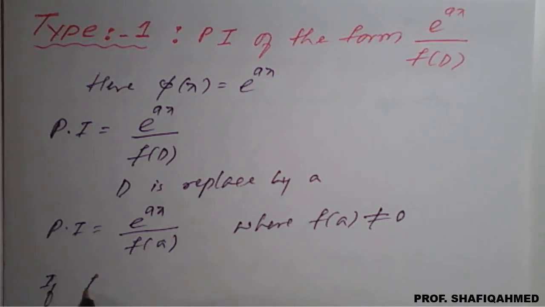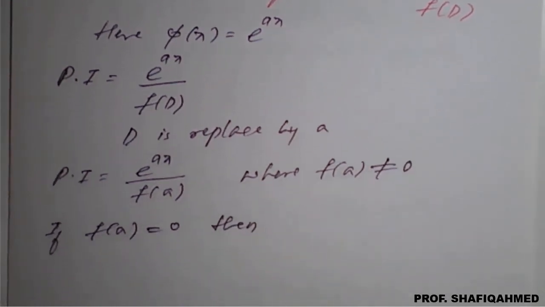If f of a becomes 0, then the value upon 0 will be infinity, which is meaningless. If f of a is 0, then what do we have to do here?